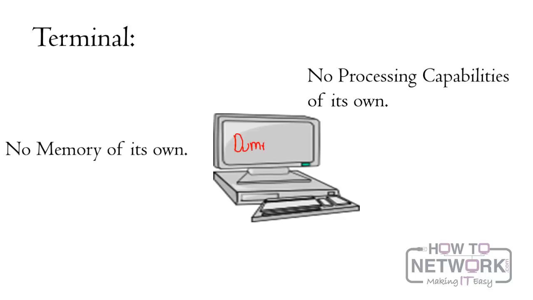It's basically a screen with a keyboard, a mouse, some sort of input tool, right? And what it's doing is simply displaying information on a bigger, better server computer someplace else. All right? We also need something called a terminal emulator placed onto this computer so that it can emulate what's going on on the server and communicate with it, since it doesn't have processing capabilities or memory of its own.